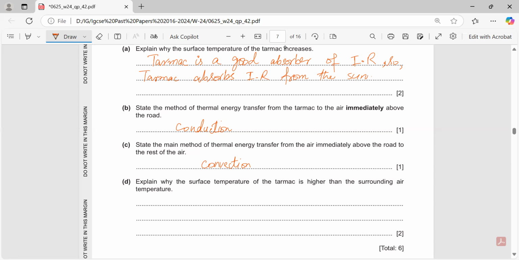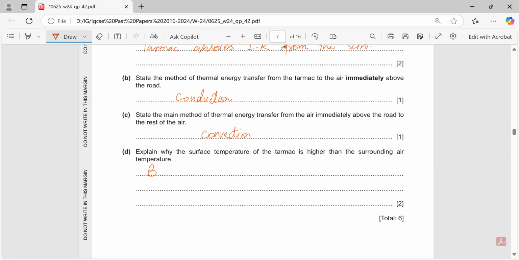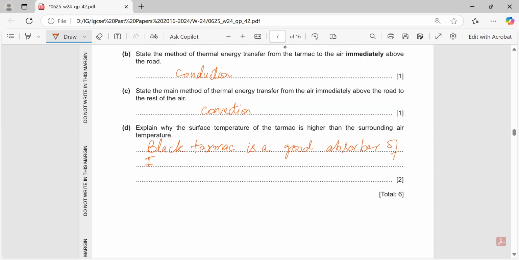So we can say black tarmac is a good absorber of infrared radiation than air. This is one reason.